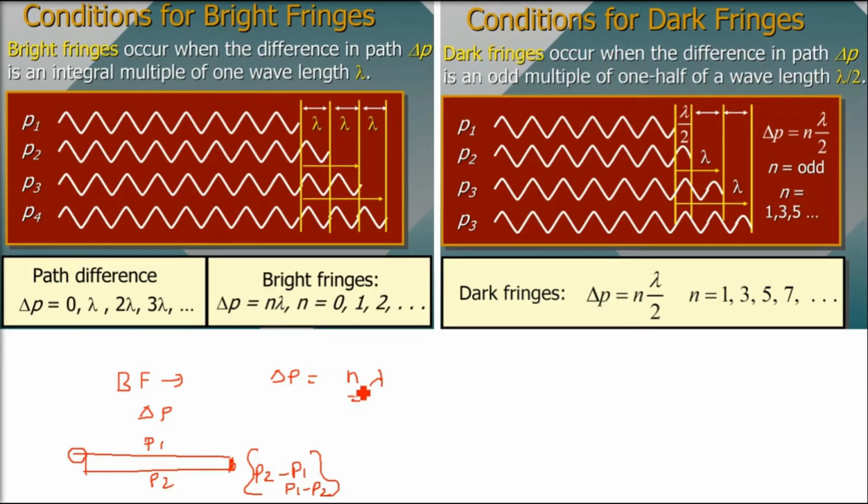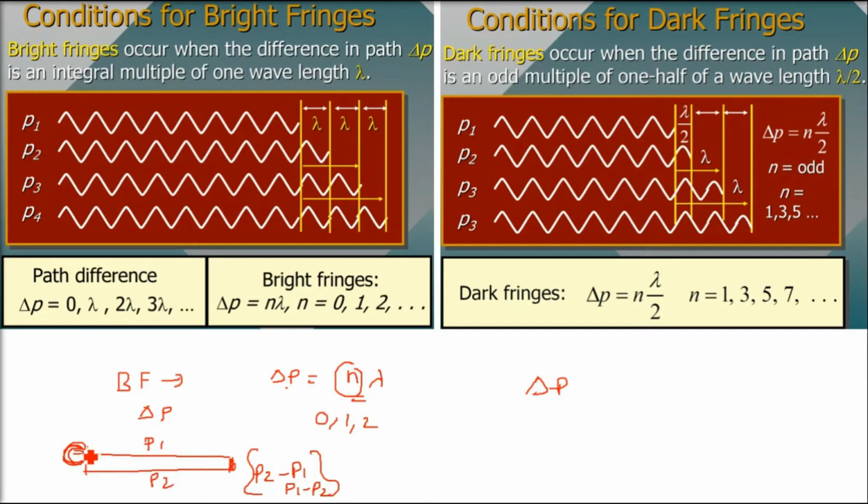Please remember, this n is a whole number. It starts with 0, 1, 2, 3. These are whole numbers. You have to have a 0. It's not a natural number, it's not an integer, it starts from 0. For the bright fringes, the path difference has to be equal to n lambda, where n is 0, 1, 2. Clear?